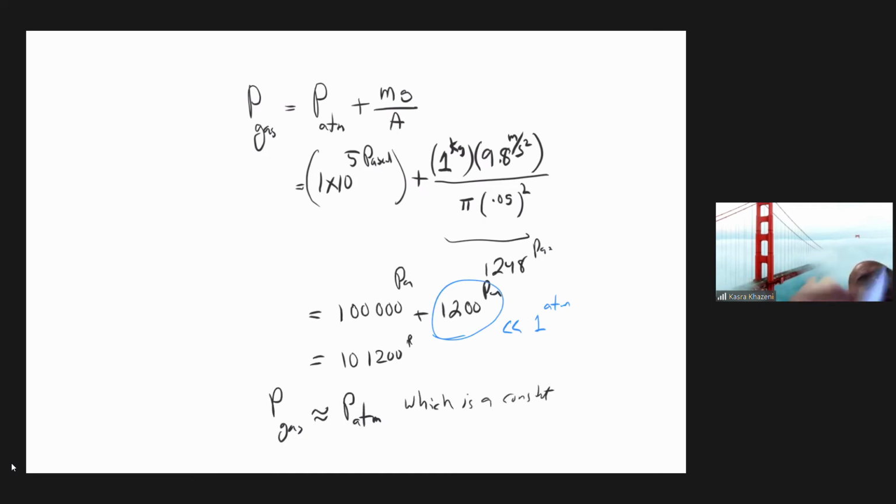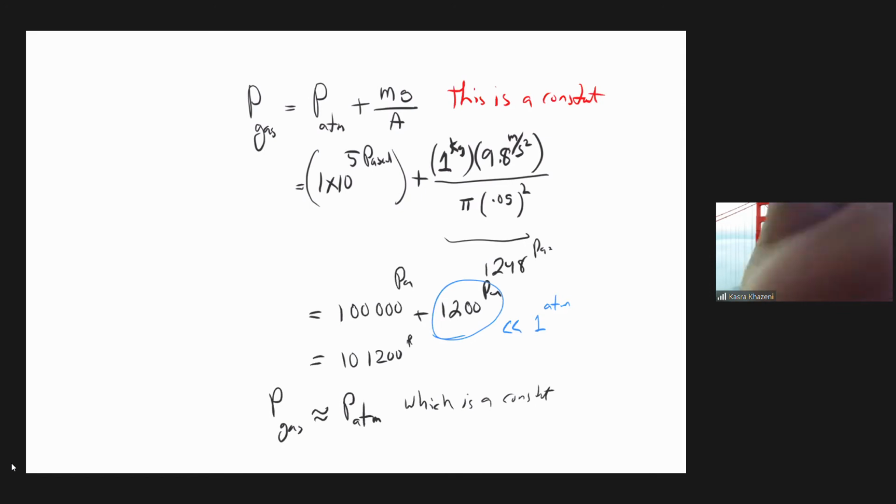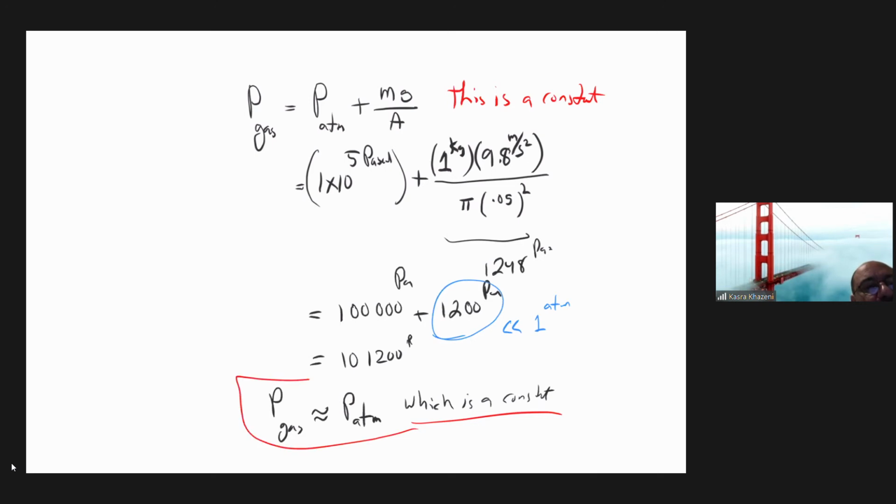Well, it was a constant even on top. Okay, so this is also a constant. So you can see P of the gas is a constant, and it's roughly equal to the atmospheric pressure, with the normal weights of the pistons and areas and all that.